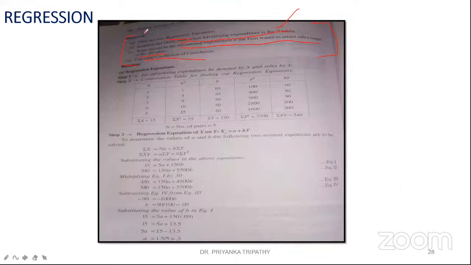Write this: find two regression equations. Estimate the likely sales when advertising expenditure is 7 lakhs. Next, predict the advertising expenditure if the firm wants to achieve a sales target of 80 lakhs, and calculate the coefficient of correlation. So this is the question that you have to write and solve right now.